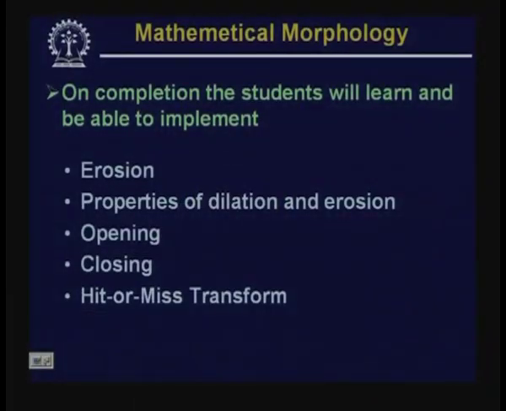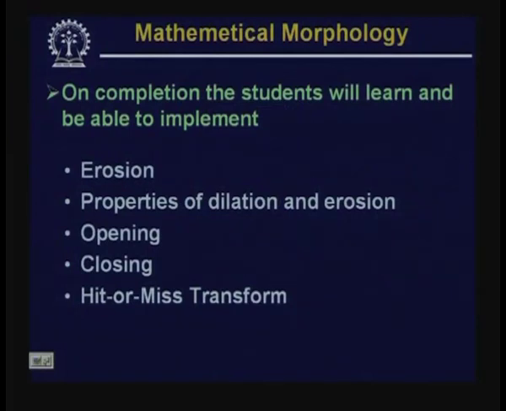One is called the morphological opening operation and the other one is called the morphological closing operation. We will see with examples what are the effects of these morphological opening and closing operations on a binary image.